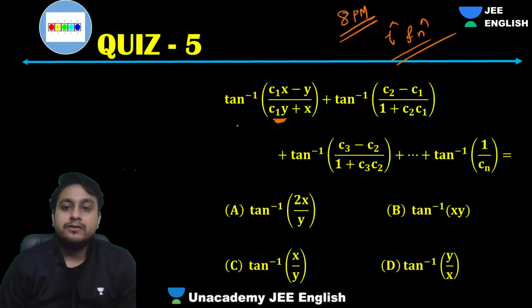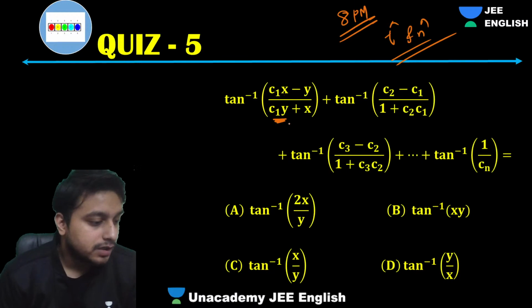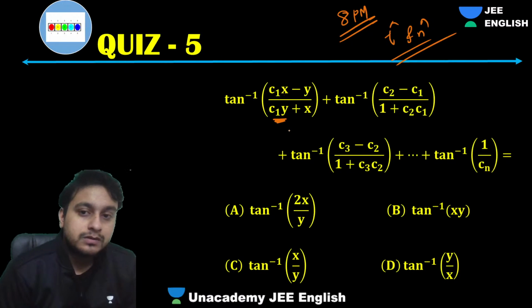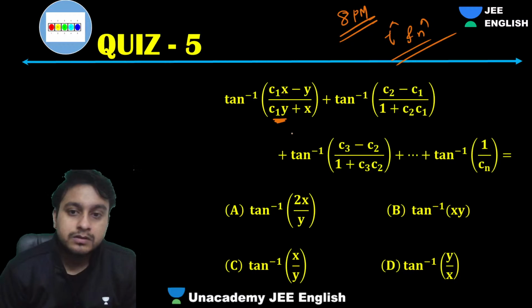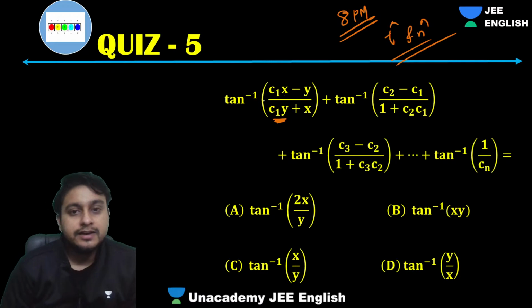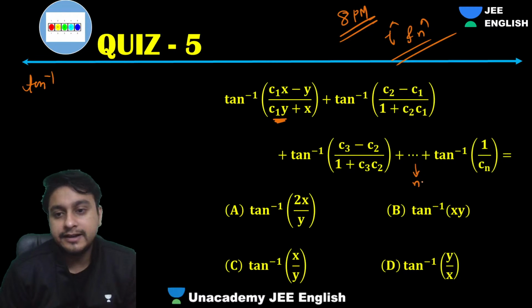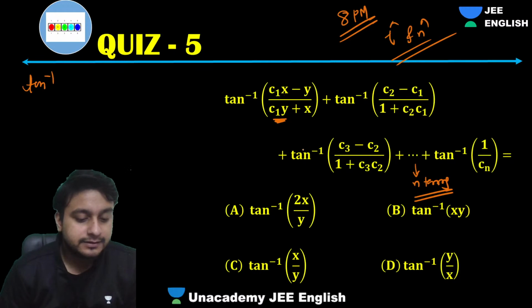So what we will do, guys? Divide by that. So what will happen? This will become the first term. This is going till n terms, because finally we are adding. So this will go on till n terms.